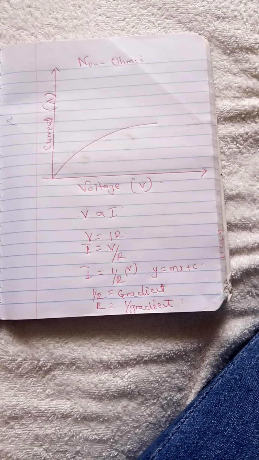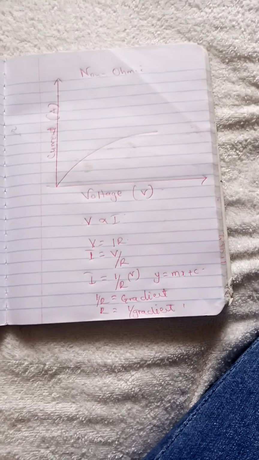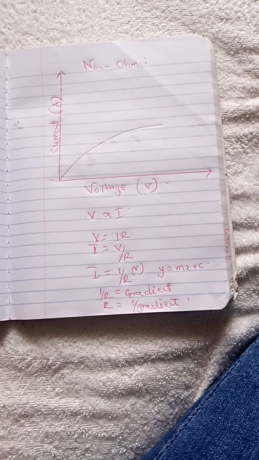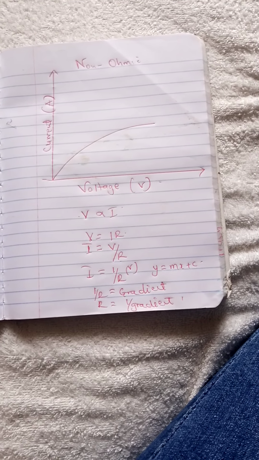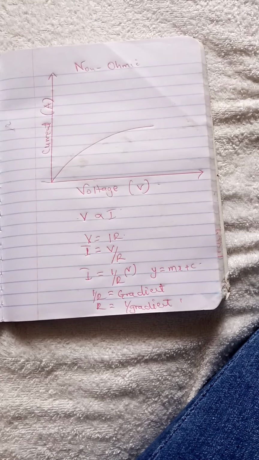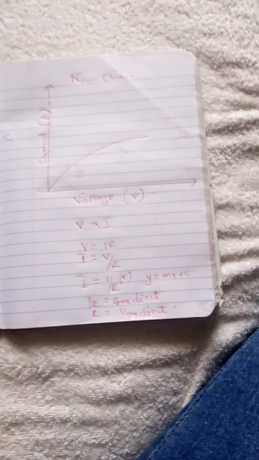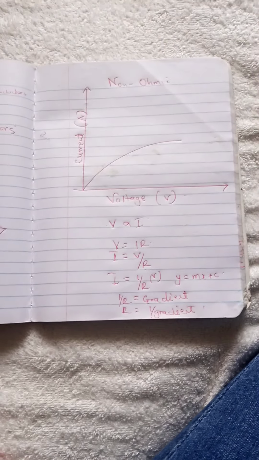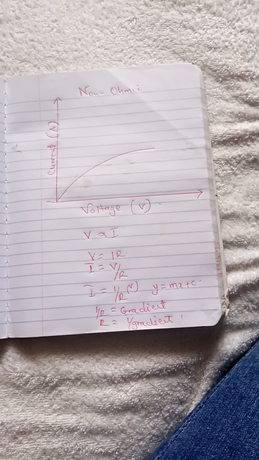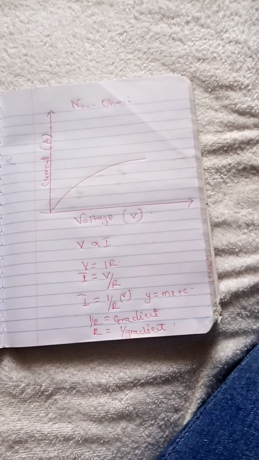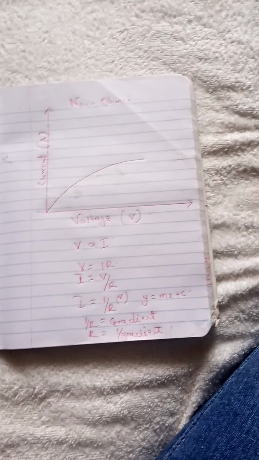The gradient for the current voltage graph refers to a certain quantity, and from Ohm's law, V is directly proportional to I, meaning that V is equivalent to IR and I is V over R. So from the graph that we are talking about, the graph of current against voltage, if the question asks you to calculate the gradient, then you have to use the equation V equals IR.